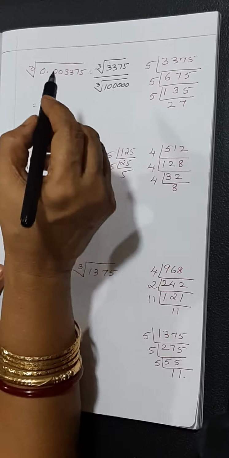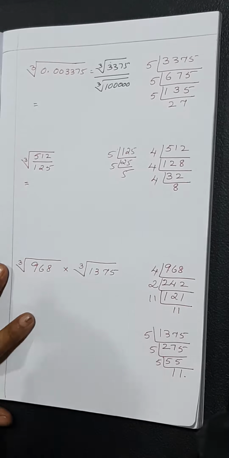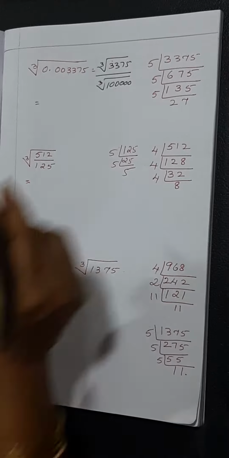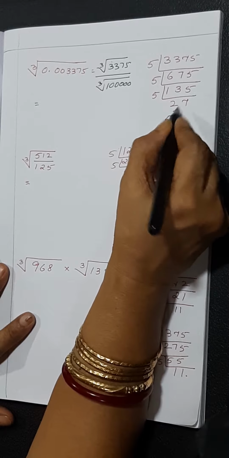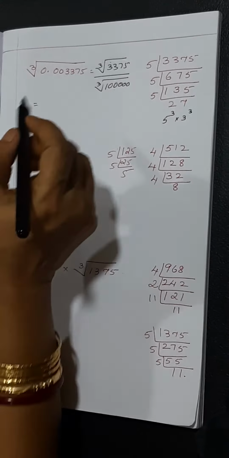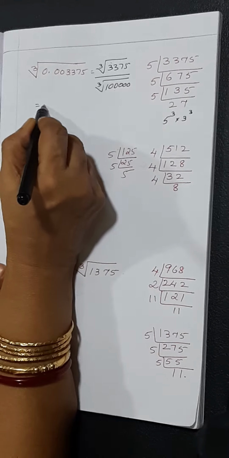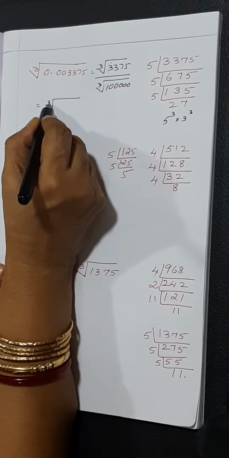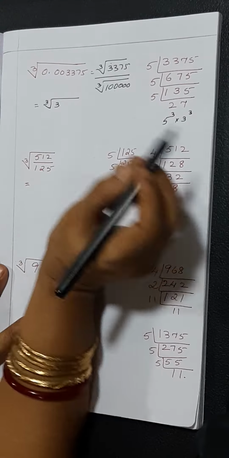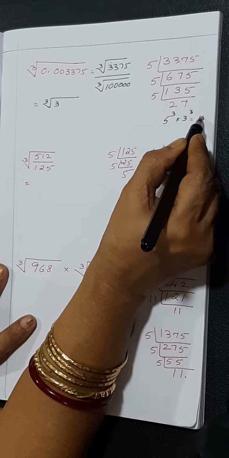So this is equal to, now this is 3375, you can write it as 5 cube into 27, which is 3 cube. So it is cube root of 5 into 3, this is equal to 15 cube.